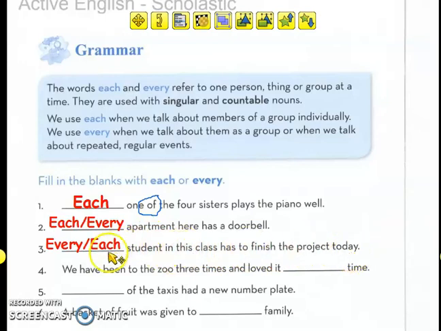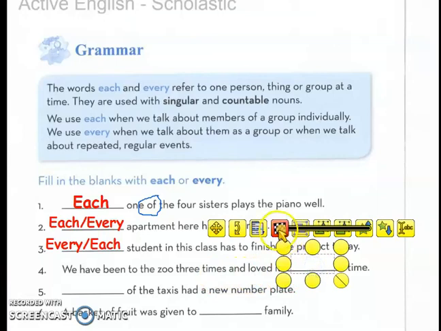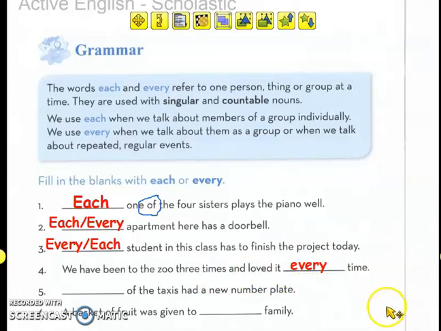And also we can say each student in this class has to finish the project today individually. إذا كان المعنى إنه نحكي عن طالب بشكل فردي. Number 4. We have been to the zoo 3 times and loved it every time. Every time. كل وقت. So here, every.